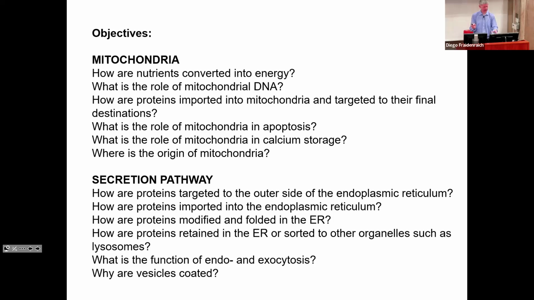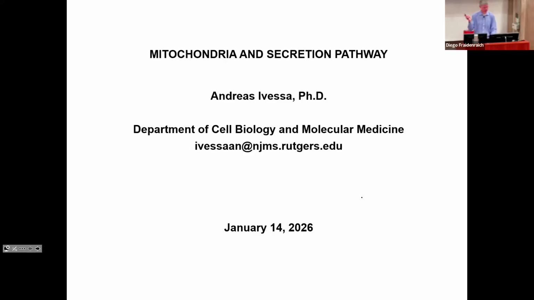This is the objective slides, but you also want to go to books like Molecular Biology of the Cell, for example, Alberts. There will be 2 parts today, mitochondria, and then we will dive into the secretion pathway, which is the second part.